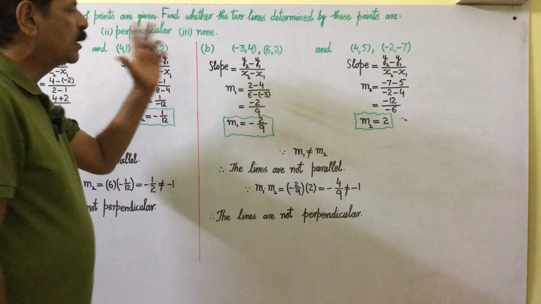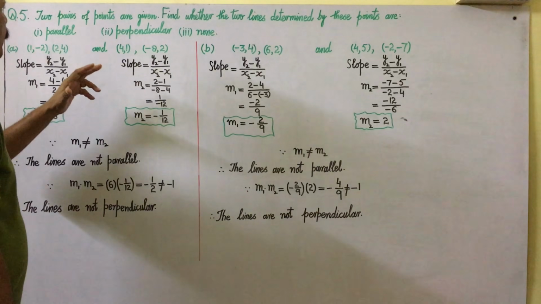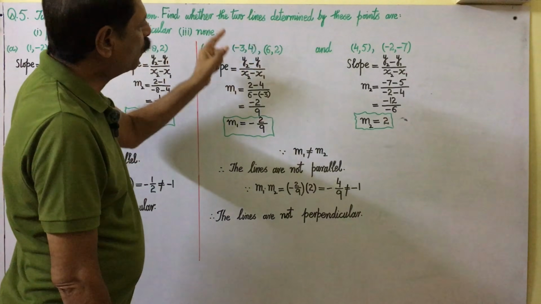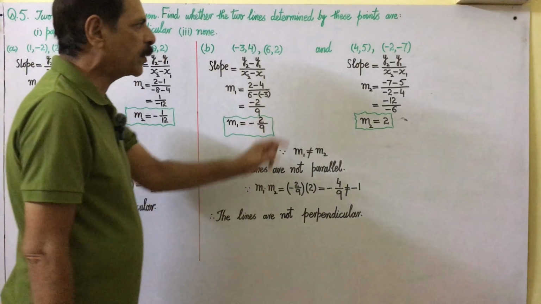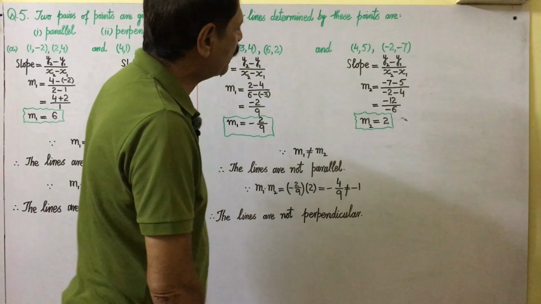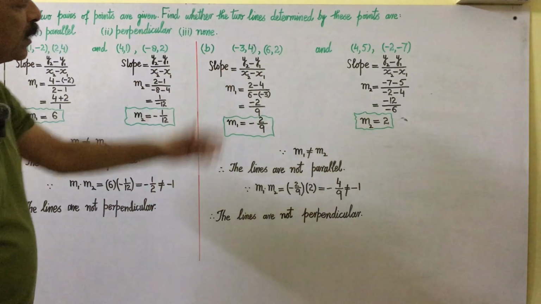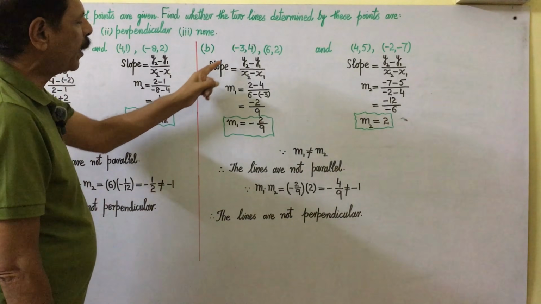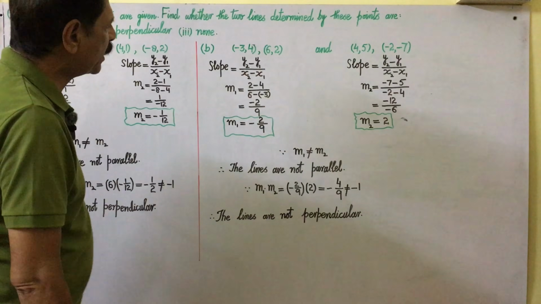B part, given two pairs of points are (minus 3, 4), (6, 2) first pair, second pair (4, 5) and (minus 2, minus 7). Let us find the slope of the first pair. Formula for slope y2 minus y1 over x2 minus x1.